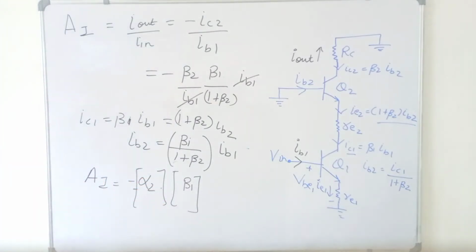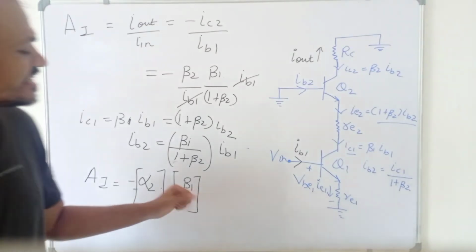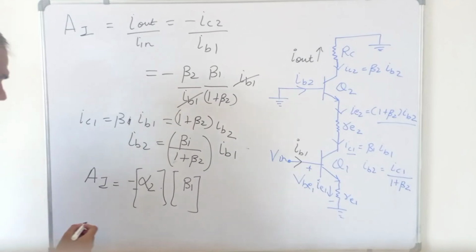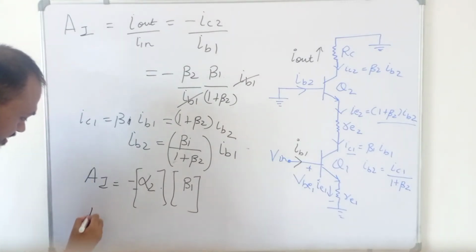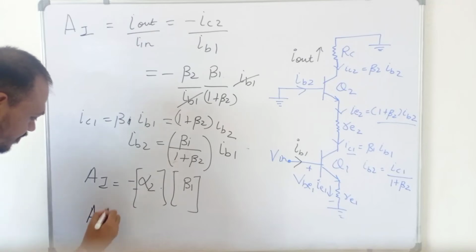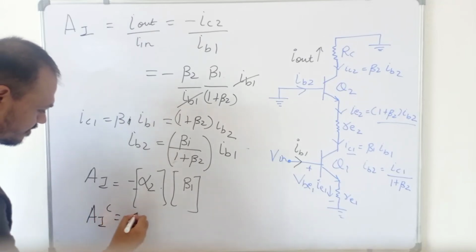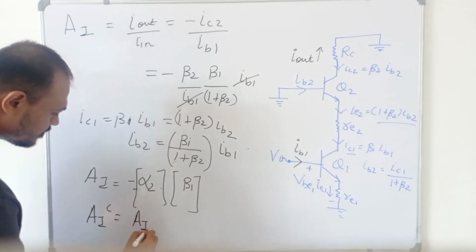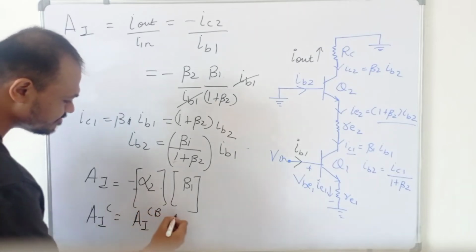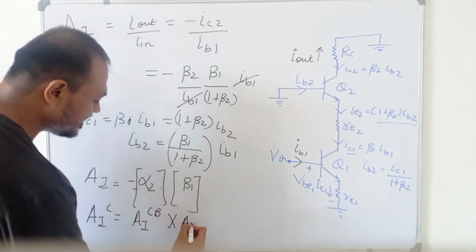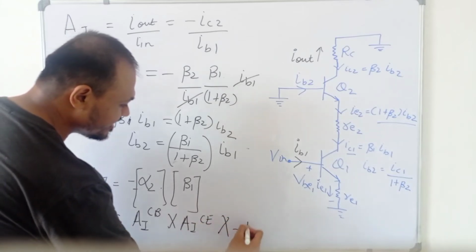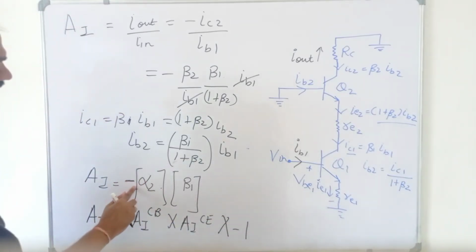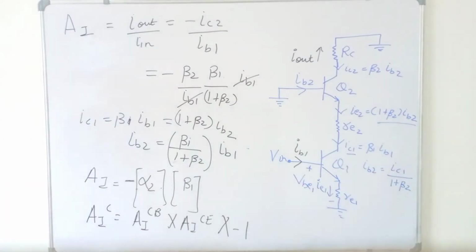So alpha 2 is the current gain of the common base stage and beta 1 is the current gain of the common emitter stage. So we can also write that AI, the current gain of the cascode stage, is equal to the current gain of the common base stage multiplied by the current gain of the common emitter stage multiplied by minus 1, because the minus sign is out there.